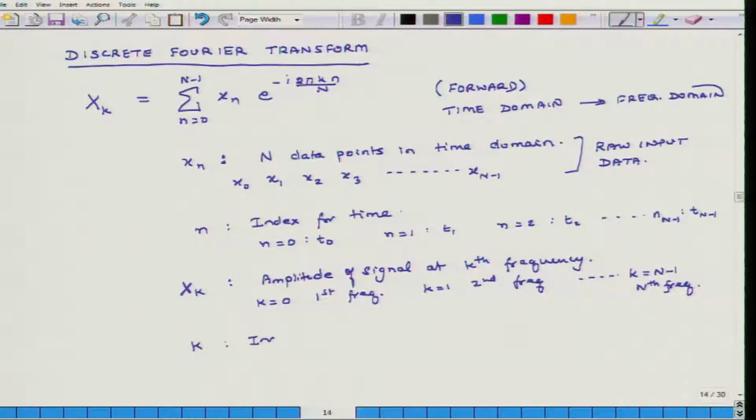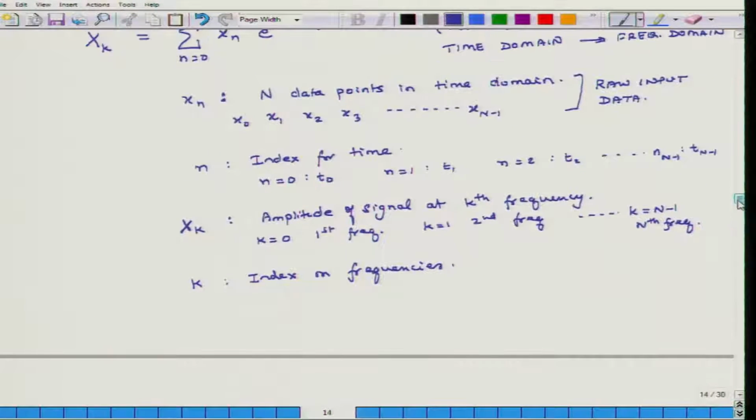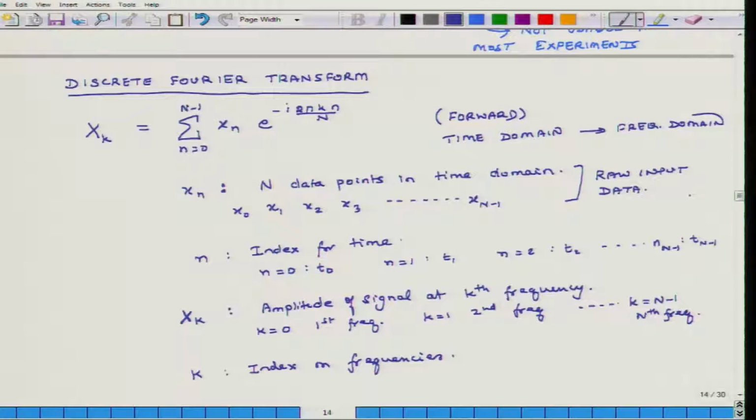So, k is the index on frequencies. n is the index for time, k is the index on frequencies. So, what does this relation show?